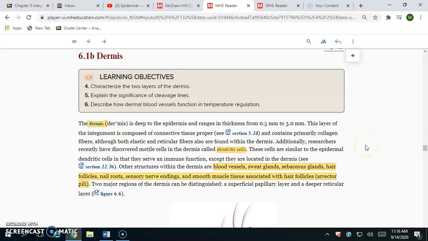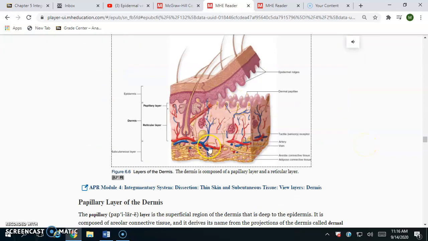Now we're going to look at a picture showing the dermis. Okay, so now we're going to look at some things you should be familiar with when it comes to the dermis and its structure and function, because they'll be of practical significance to you.